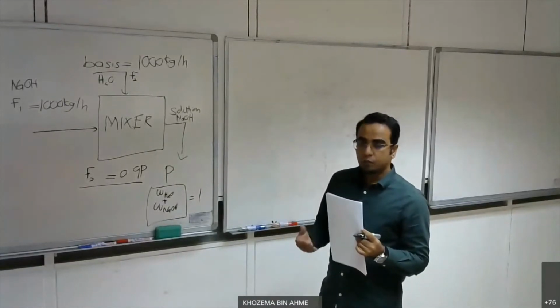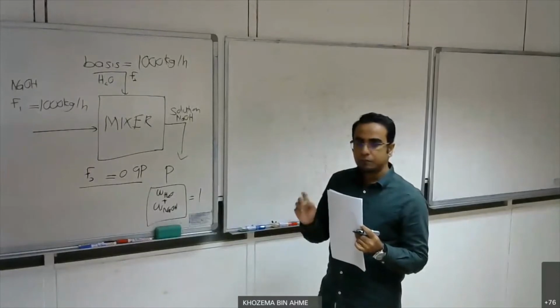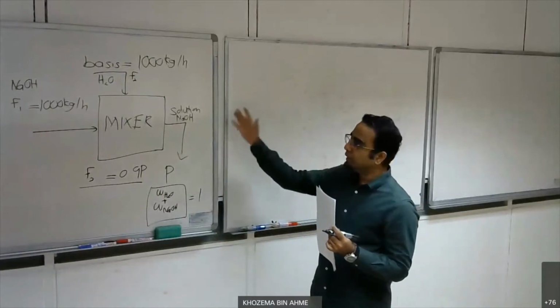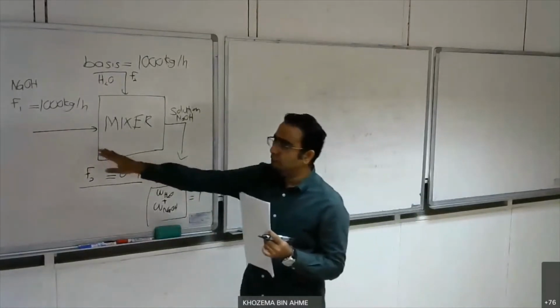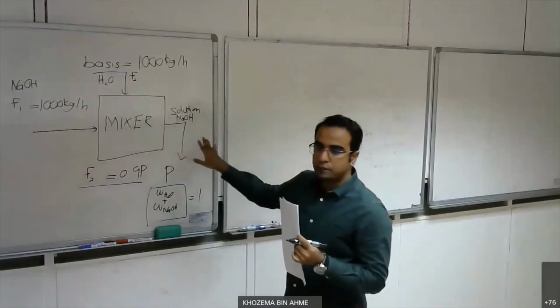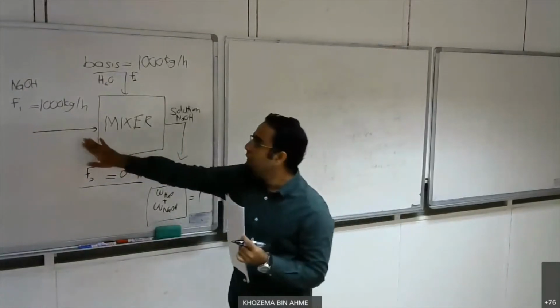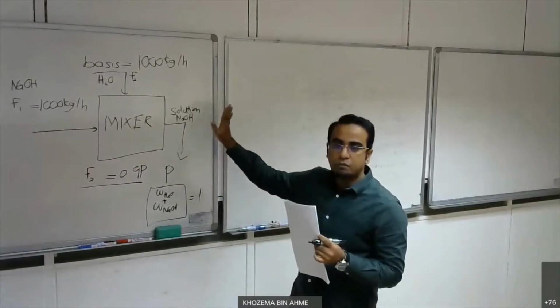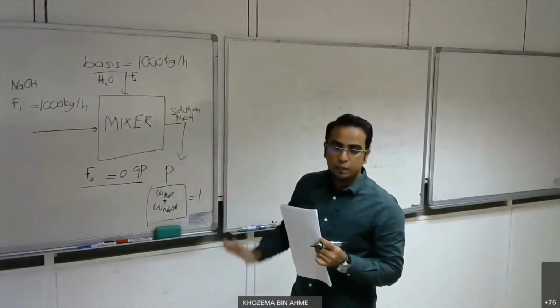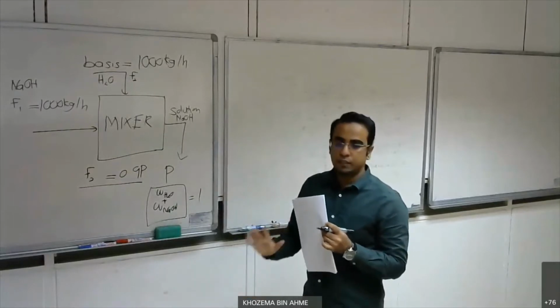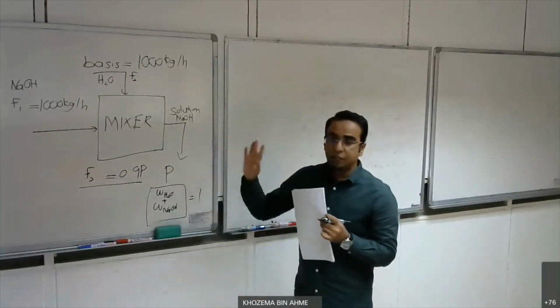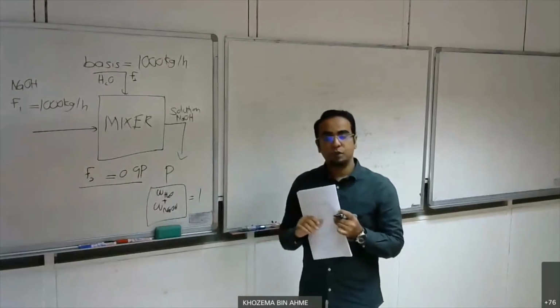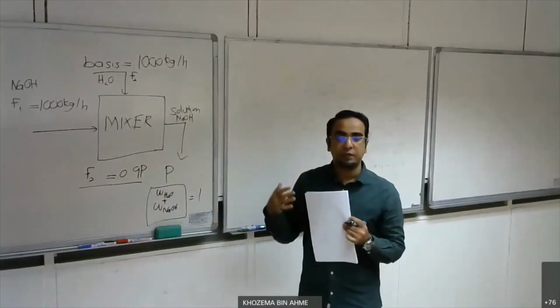Based on that, we can simplify our general equation. If you look here, this is definitely a continuous process, open system because we have input and output, and as I mentioned, we'll be only dealing with steady state. So we have no accumulation, and this is a non-reactive system. So definitely we have no generation and no consumption.